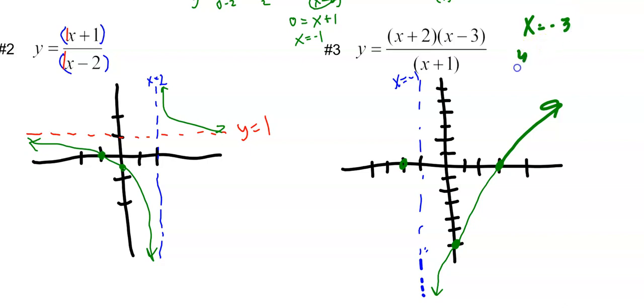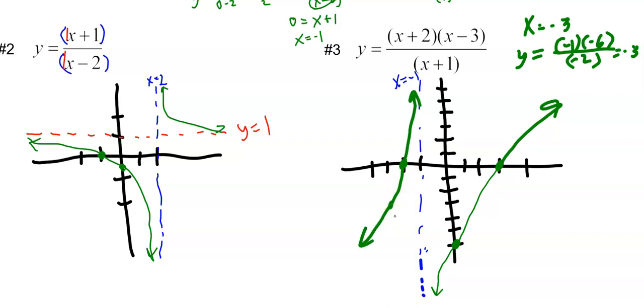The y value would be -3 plus 2 is -1, -3 minus 3 is -6, and -3 plus 1 is -2. So that would be +6 divided by -2 is -3, I think. So the point is (-3, -3). The big key I want you to see there is this point is down below. So this graph is definitely going up and approaching the asymptote there. It's doing something like that down there.